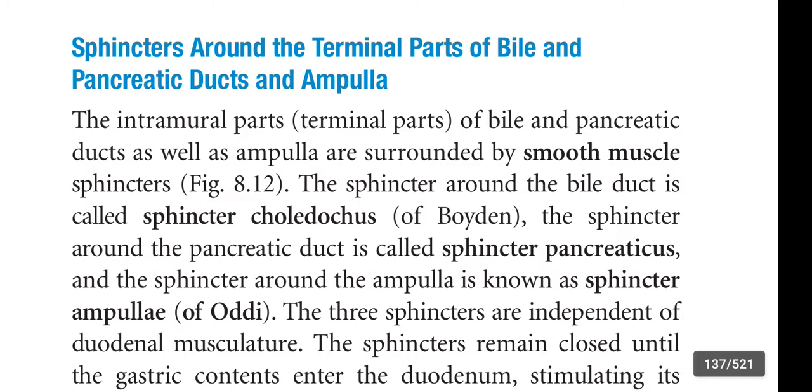Next, the sphincter around the pancreatic duct. As its name suggests, it is sphincter pancreaticus. There is no special coding for this. You may remember it as its duct: pancreatic duct, and the sphincter is sphincter pancreaticus.